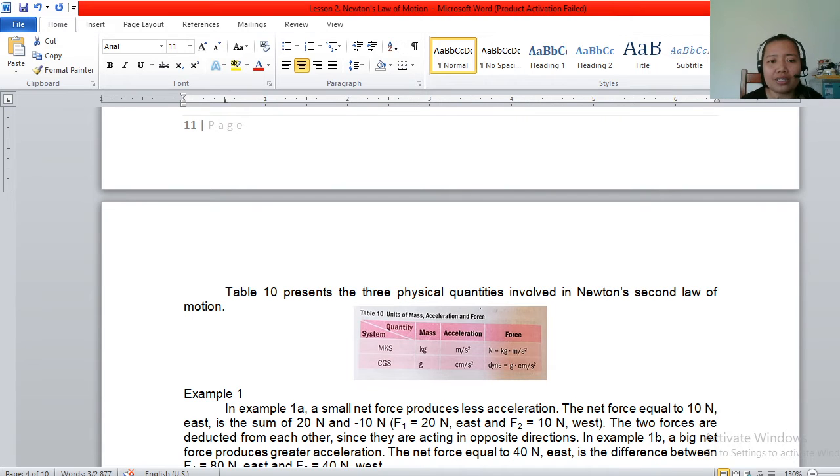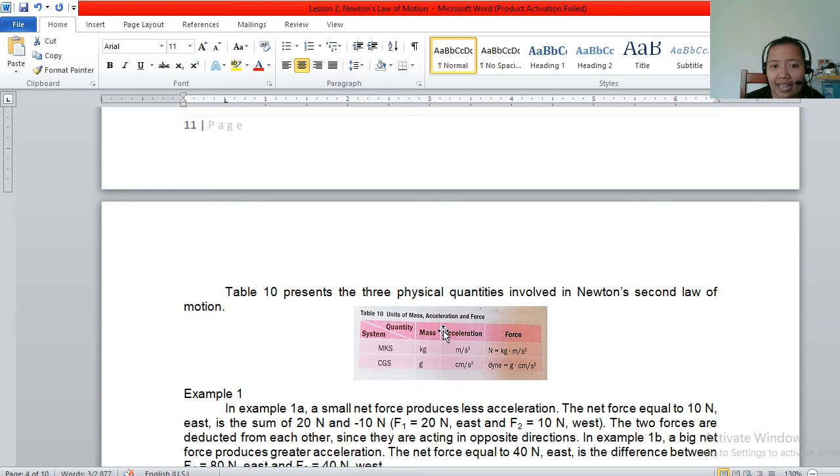So, this is an example. A table shows the units of mass, acceleration, and force. Ano bang mga units ng mass, ng acceleration, at saka ng force? Okay. So, if our mass is in kilogram and our acceleration is in meter per second squared, our force will become, because we multiply mass and acceleration, kilogram times meter per second squared, and that is equivalent to Newton.